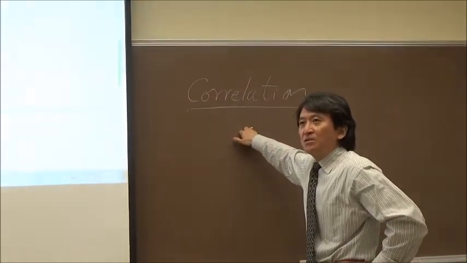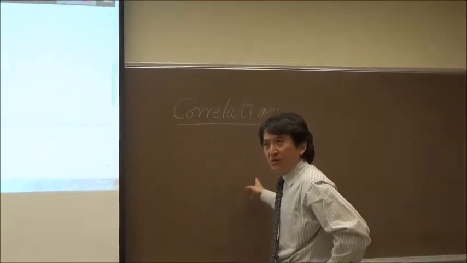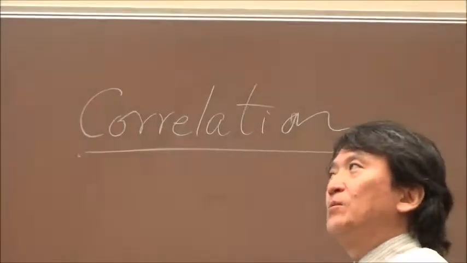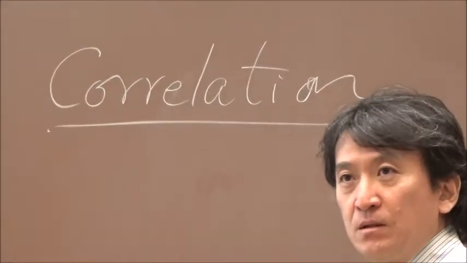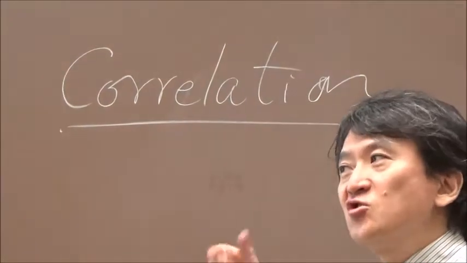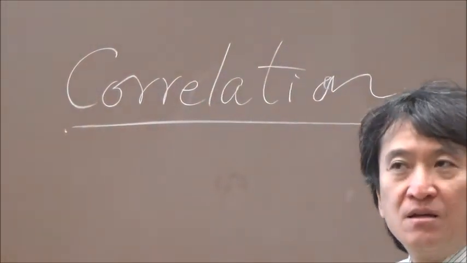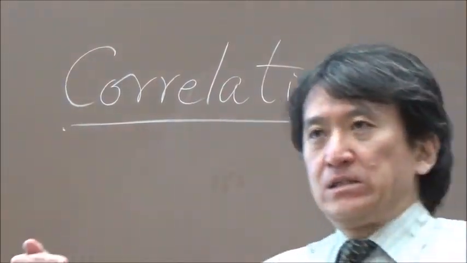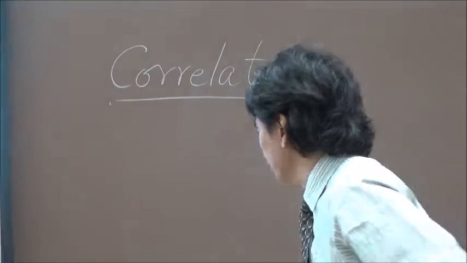Correlation is simply if one variable increases, the other one increases or decreases. Then the question is how strong the relationship is. That index is called correlation. With me so far?